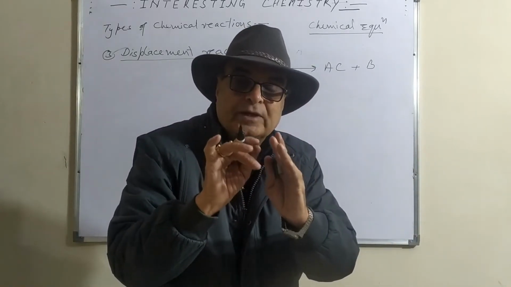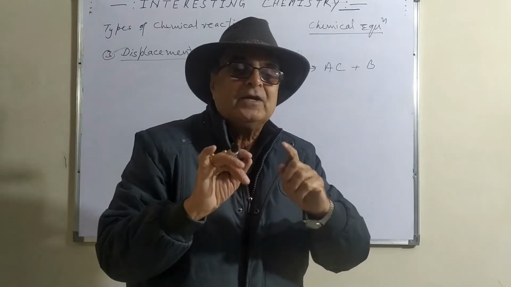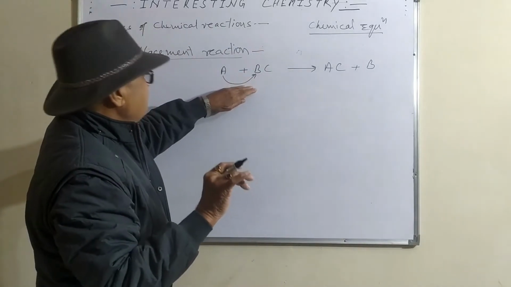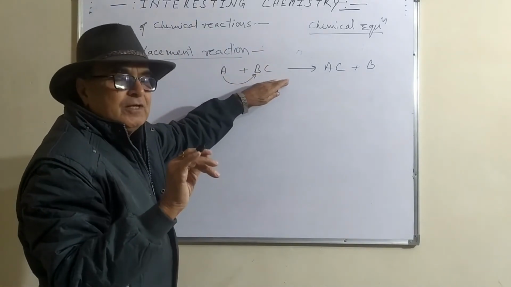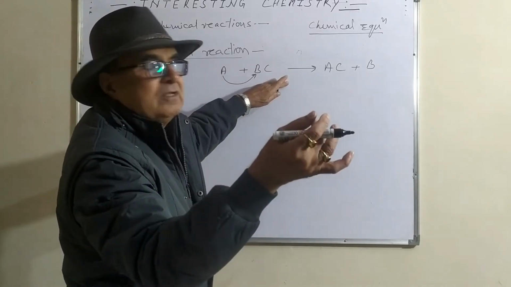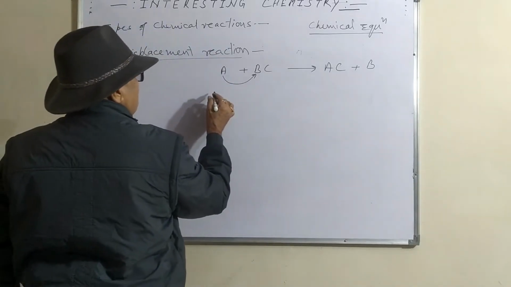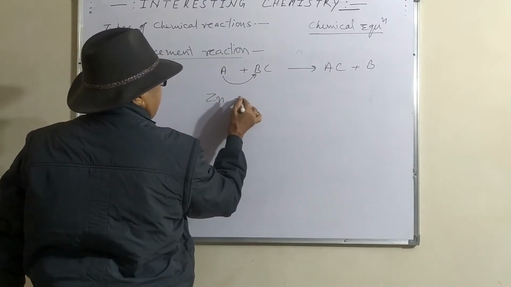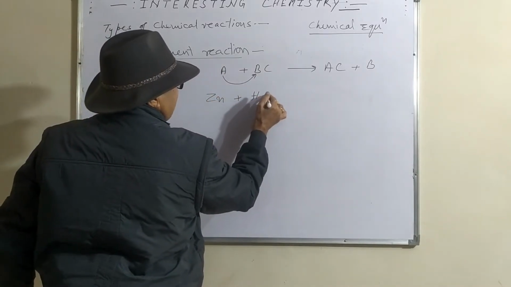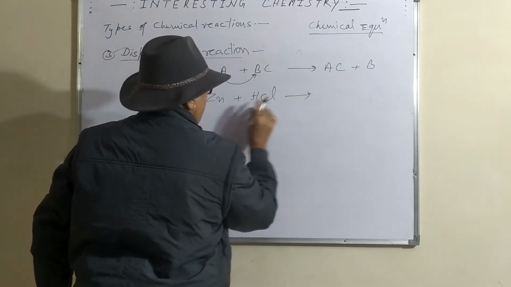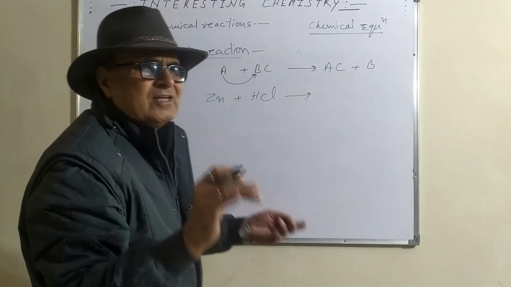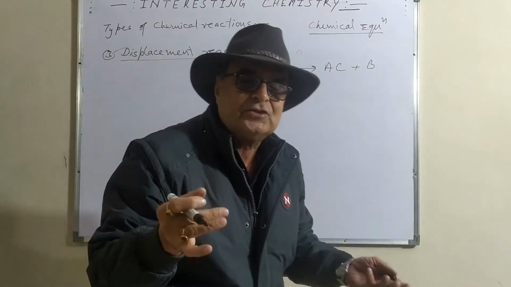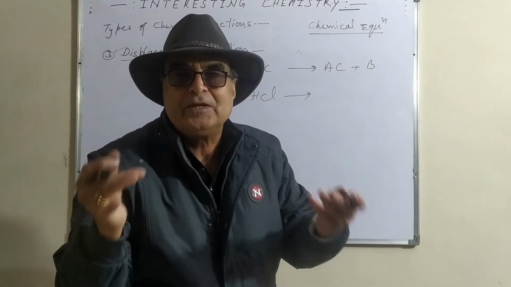So you need not memorize the equations, but from this method you can estimate what the product will be. How? Suppose here it is Zn, and I take the reaction with HCl. When any metal reacts with any acid, hydrogen will be replaced.